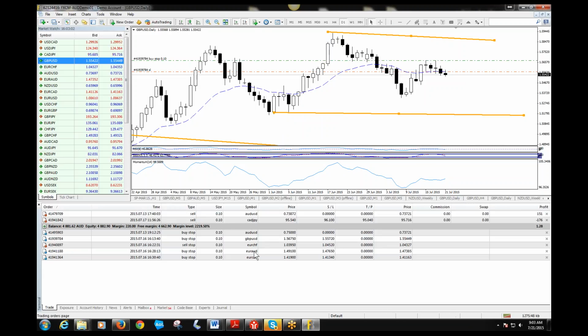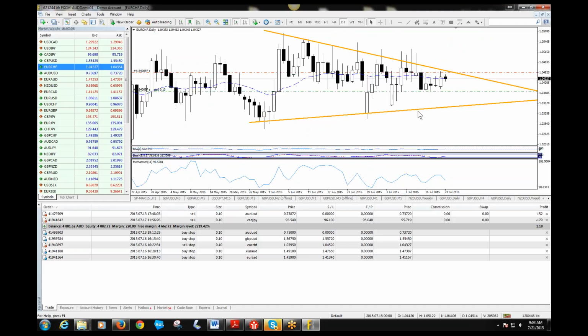Okay, so let's go look at Euro Chef. And there's that wedge again on Euro Chef. This was our buy entry here, 1, 2, 3, 4 days ago. And why didn't we get triggered here? Wait, let me just see. Hang on.